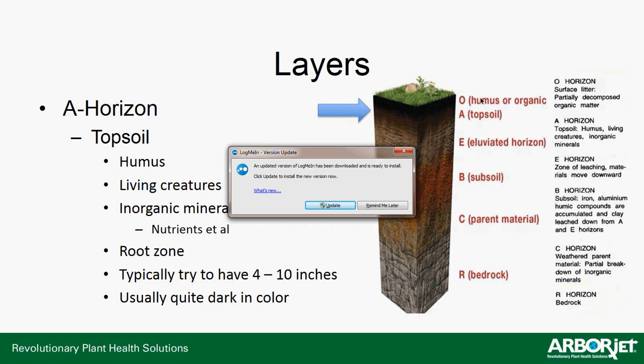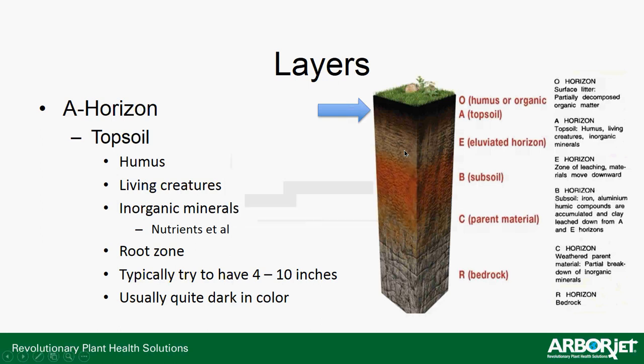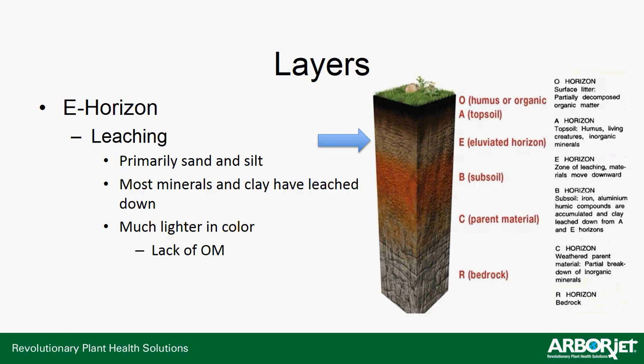Grasses, their root zone doesn't need to be quite so deep. Trees, much deeper. Their roots go much deeper than a piece of turf. And then also, you can tell that layer because the soil is hopefully pretty dark. A dark soil is nice and healthy.